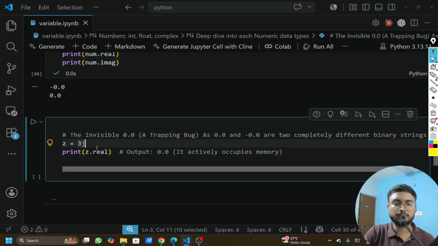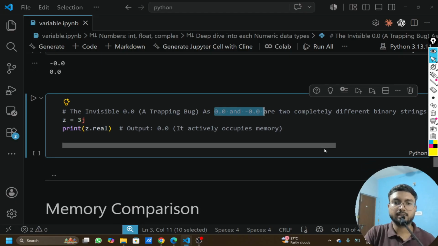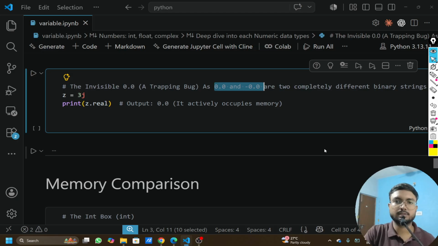When we print z dot real, if we just have the imaginary piece, the real piece will also be defined and it will be 0.0, which will occupy memory. And if we are doing some string kind of manipulation, then 0.0 versus minus 0.0 can be completely two different strings, especially as binary storage. So it's important for someone who is dealing with this kind of data to be aware of this. That's just a good understanding to have.